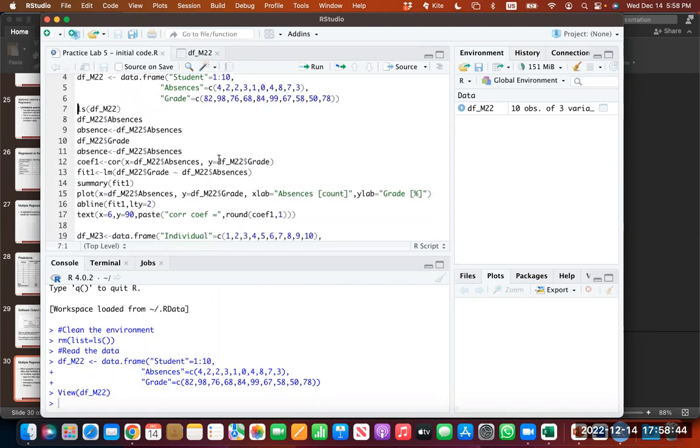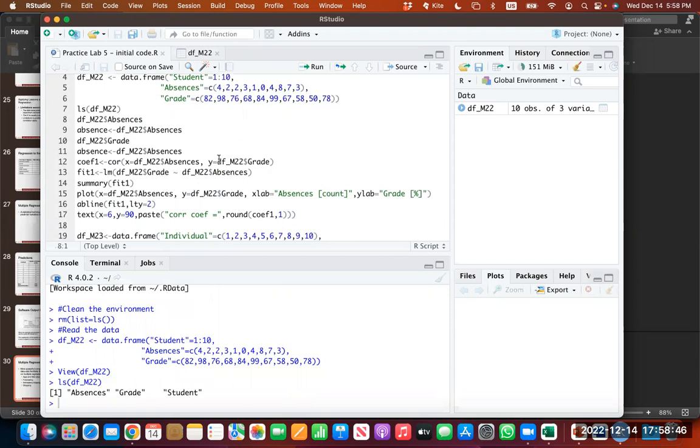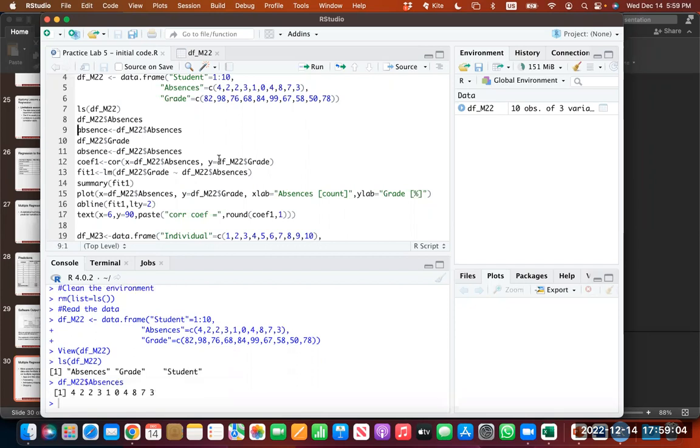Okay, so on line 7, you look at the data set with ls, you get a list of variables in your data set. It contains absences, grade, and student ID. You're only interested in absences, with DFM22$absences you address only that one variable, and you get all the entries for absences.